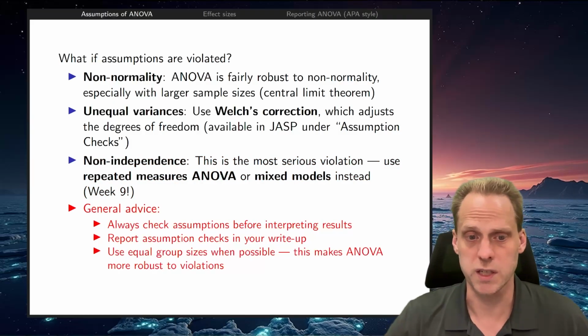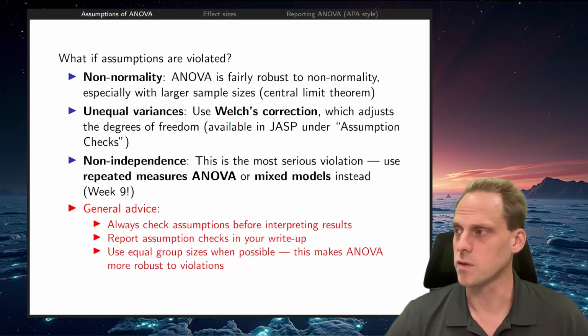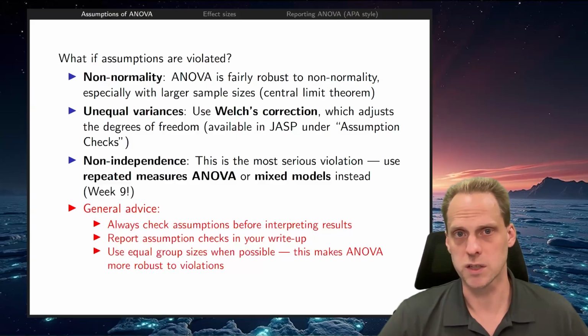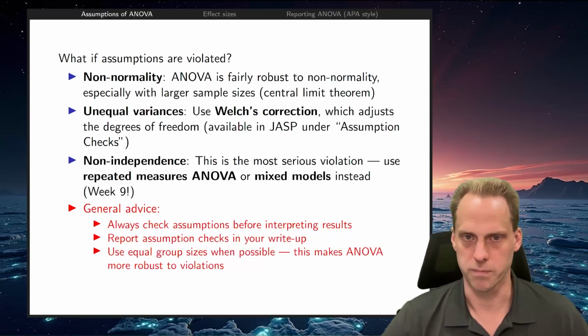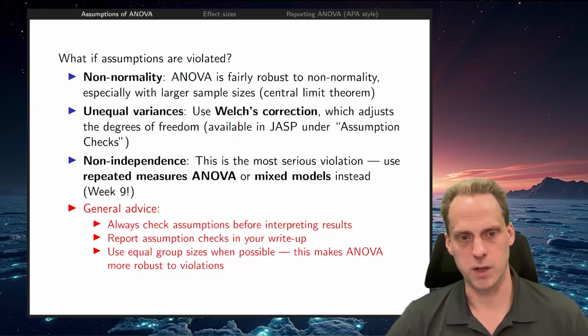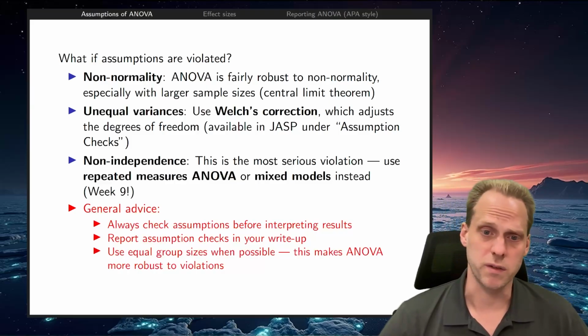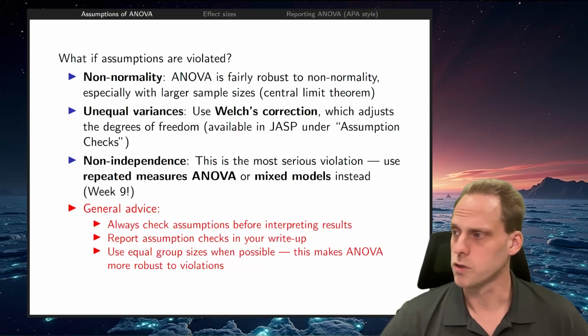The general advice: always check your assumptions before interpreting results. Report them. Even if they're violated, report them. You could still do the analysis and then just say in the discussion, okay, but actually this assumption is violated, so it might be a problem, right? Nowadays there are some more complicated things you can do, like non-parametric ANOVA or bootstrapping standard errors, things like that, that you could try as well.